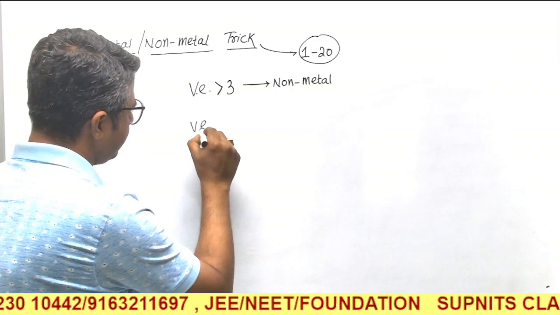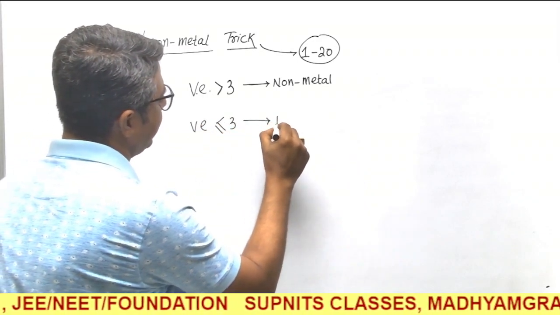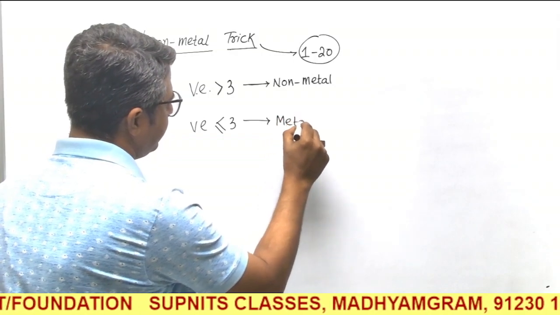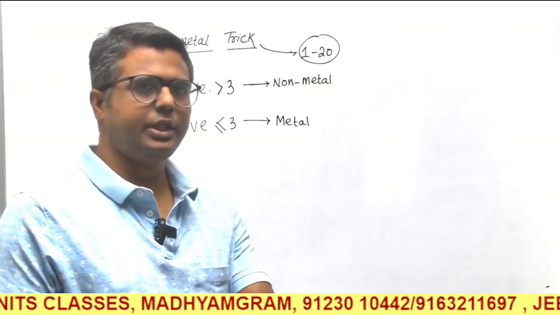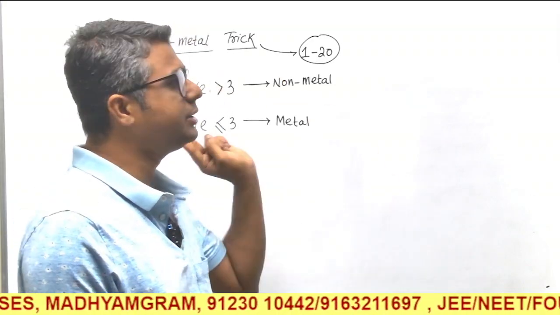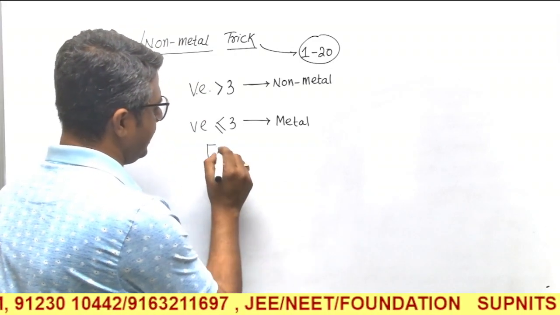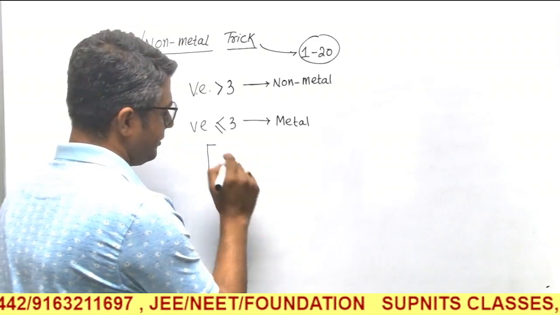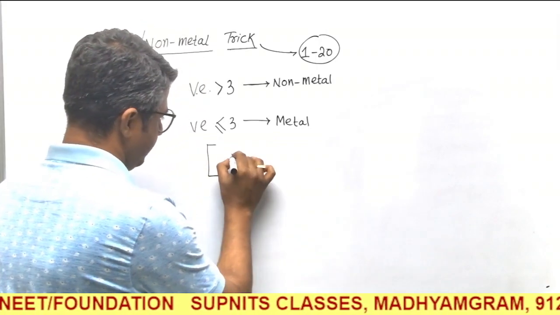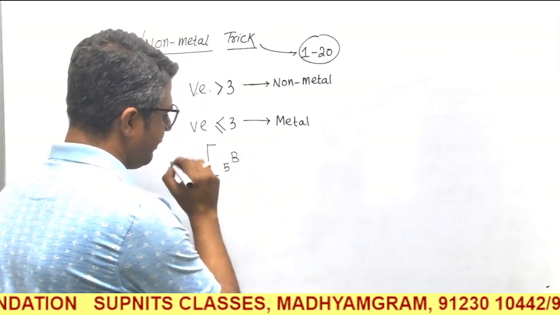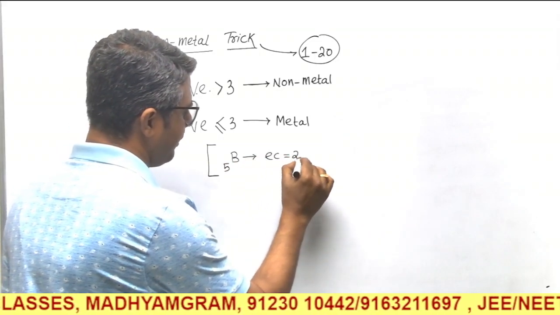Valence electron less than or equal to 3, this will be metal. Will this work all the time? No. In the case of 2 elements, even within this 1 to 20, there will be some difference. Like if valence electron is 3, in case of boron, which has atomic number 5, the electronic configuration is 2, 3.